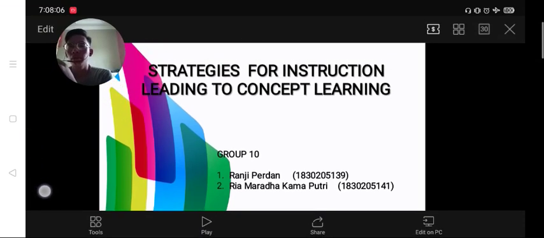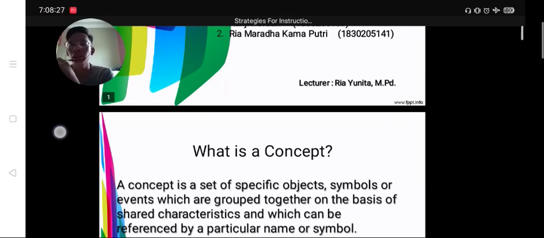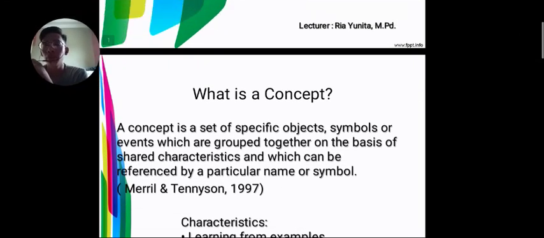The title of this material is Strategies for Instruction Leading to Concept Learning. Basically, strategies are the ways we can use good strategies for the concept. The first is, what is a concept?